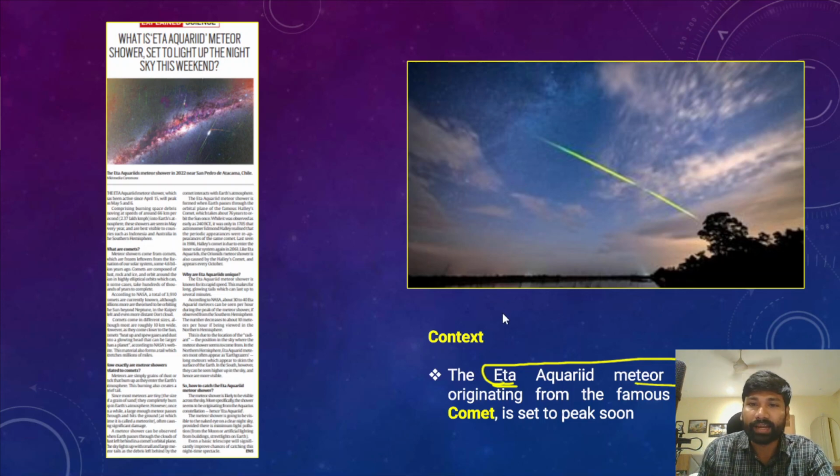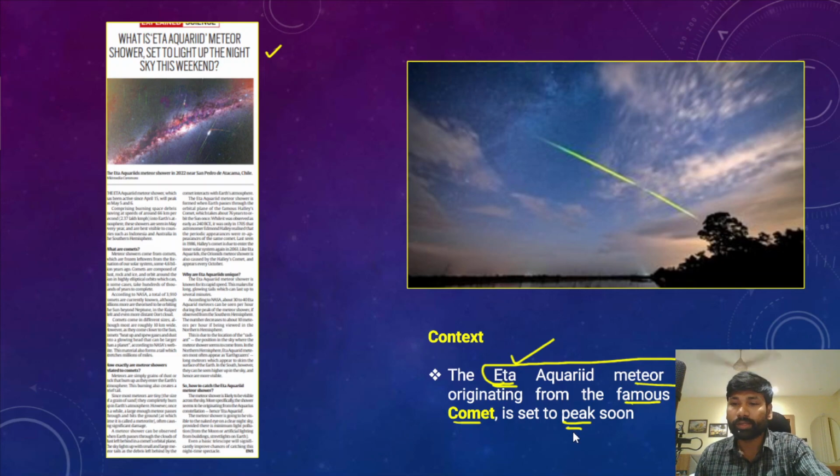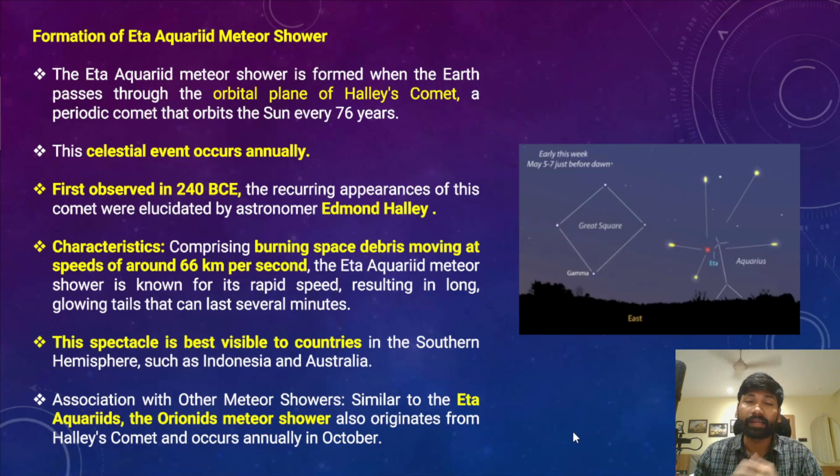In the news article, we will understand what exactly this Eta Aquarid meteor shower is, and it is said to light up the night sky this weekend. This originates from the famous Halley's comet, and it is said to peak soon. So we will observe this Eta Aquarid meteor shower.